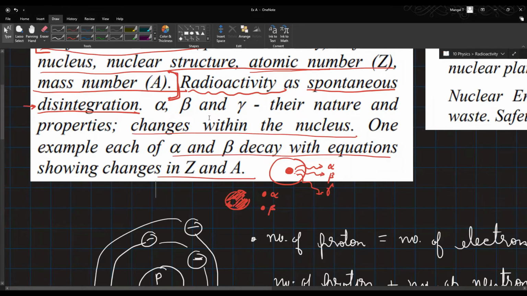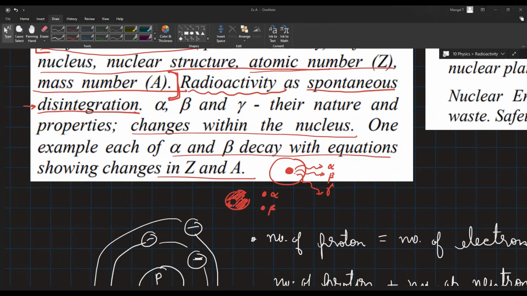That is what I have told you. Any questions? In the alpha particle, the protons and neutrons are given out, but are electrons also given out? In an alpha particle, no. That is the reason why I called it a helium nuclei, not a helium atom. Okay, sir.